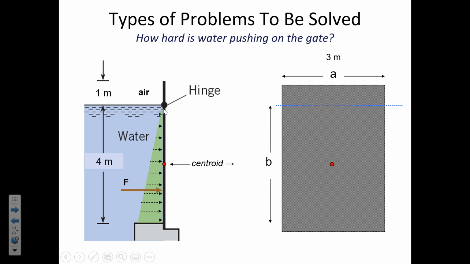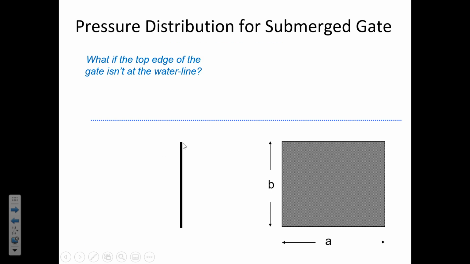This pressure distribution started at 0 and increased linearly. But at the top edge of this gate, the pressure doesn't start at 0 because it's already beneath the water surface. So the pressure starts at some non-zero magnitude and increases as you go downward with the depth.